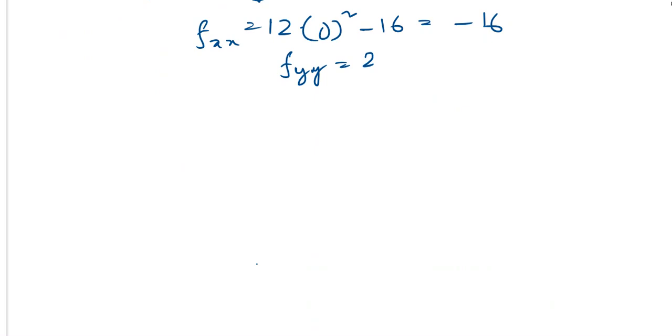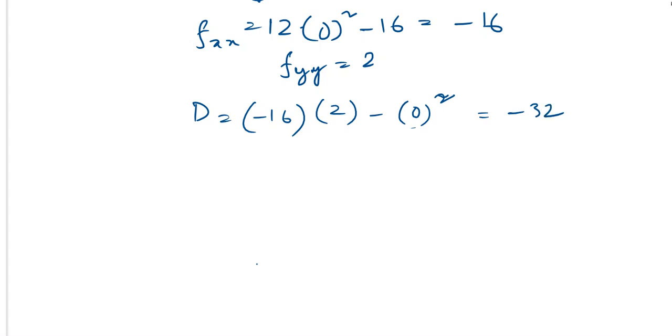So D equals minus 16 into 2 minus 0 square, which is minus 32.